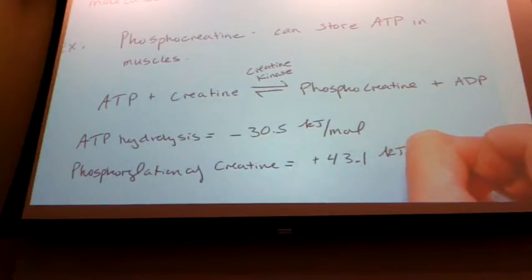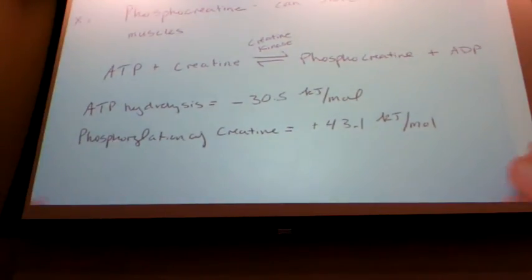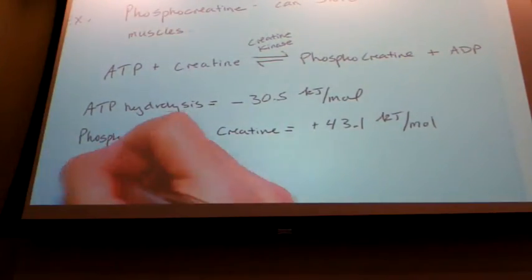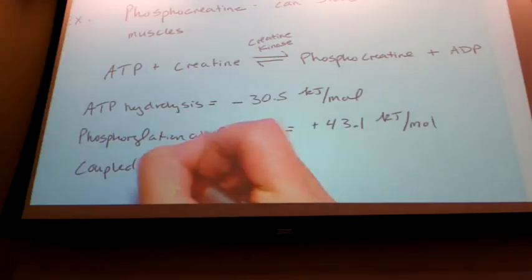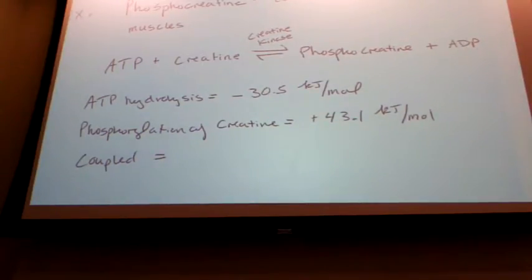So I flipped the sign because I'm talking about putting phosphate on it as opposed to taking it off. And so coupled, I get, what is that? Oh, it's a positive 12.6. Does that sound right? Yeah.